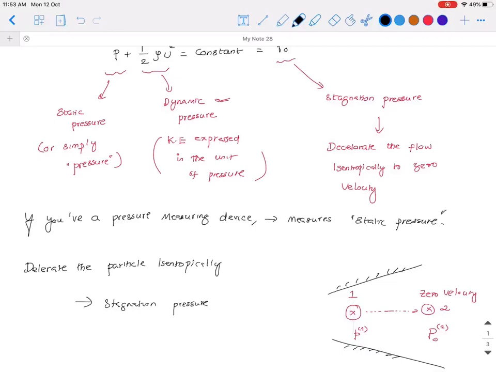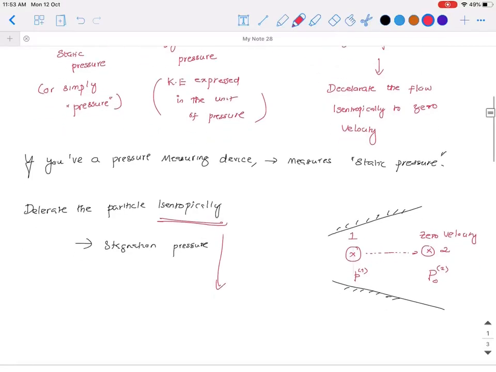By now you must have learned in your thermodynamics course that isentropic deceleration means no energy losses and no heat transfer, which is already implicitly assumed in the derivation of Bernoulli's equation.